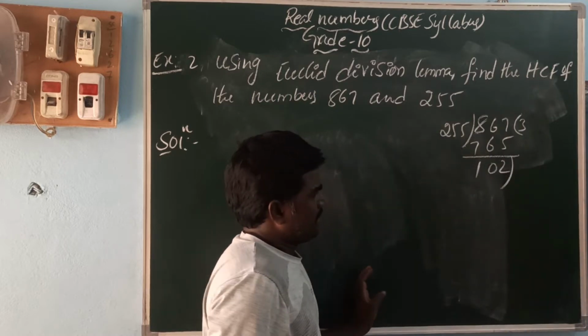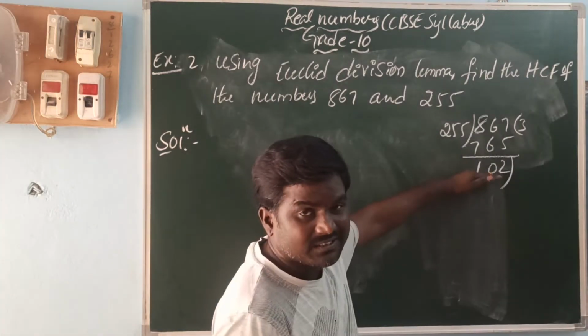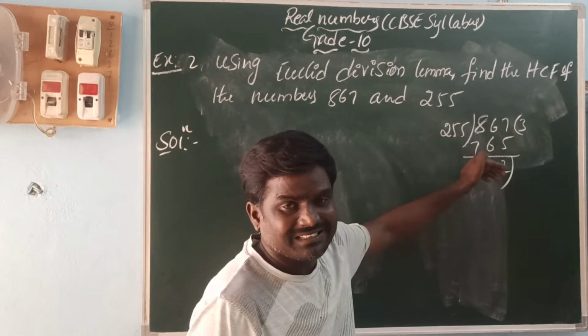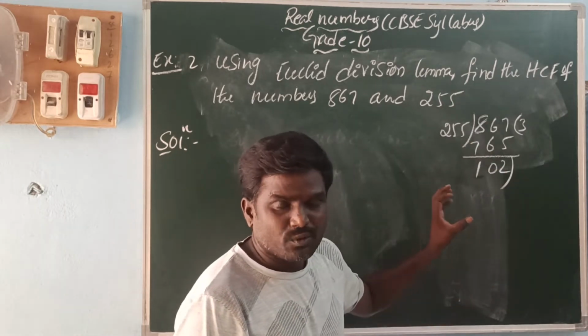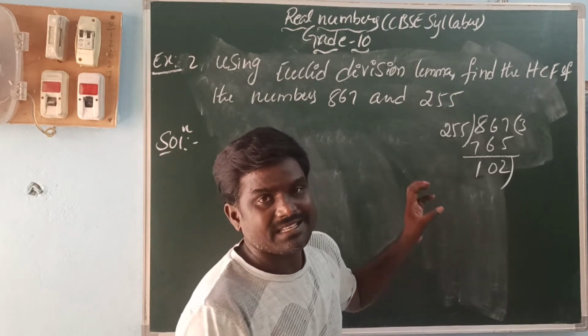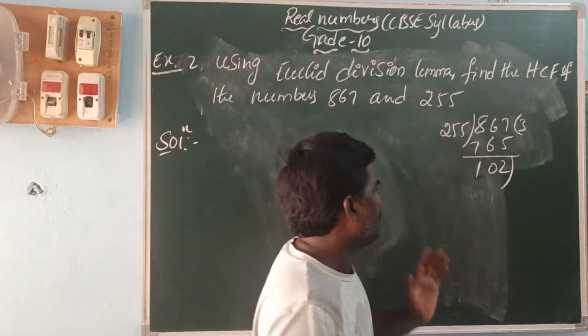Again, the remainder becomes the divisor and the divisor becomes the dividend, until we get the remainder 0. Where we get the remainder 0, the divisor is called GCD or H.c.f. GCD means greatest common divisor.